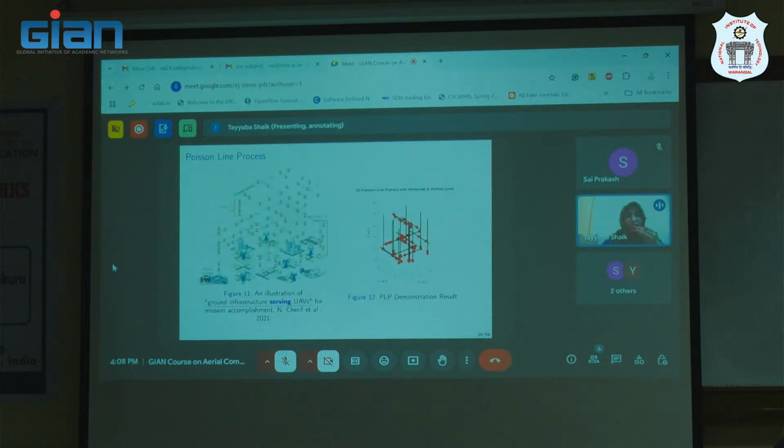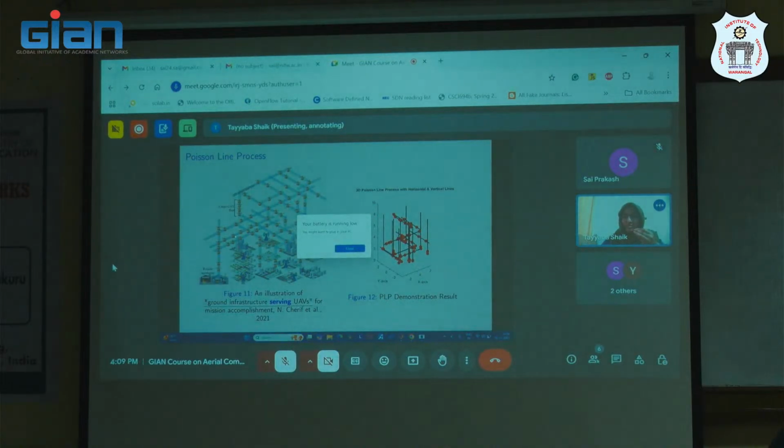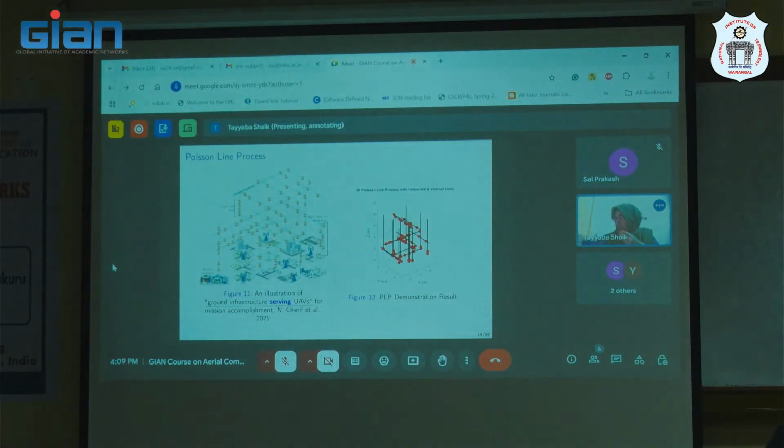The other model is the Poisson line process. I don't know how many of you have seen this, but there is a recent ad by Swiggy Instamart wherein the drones try to deliver the products or goods to the specified location.